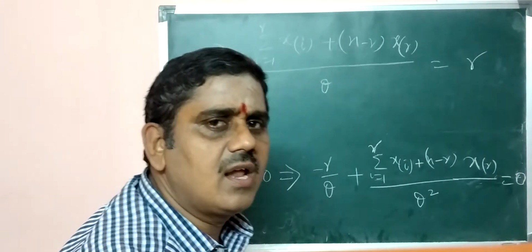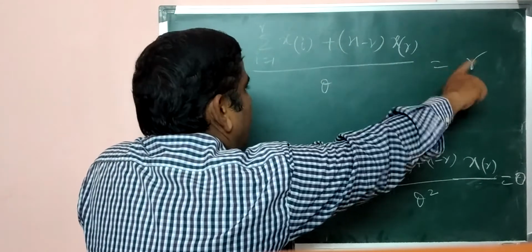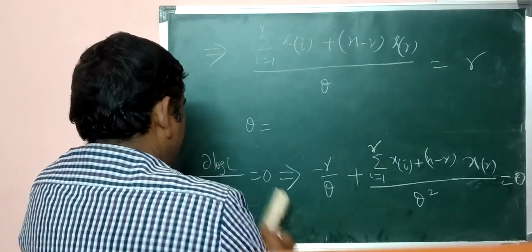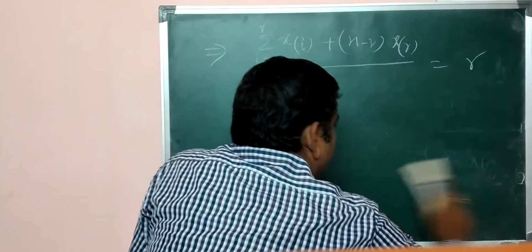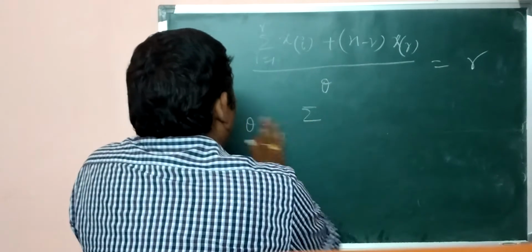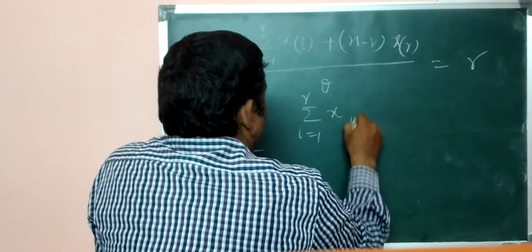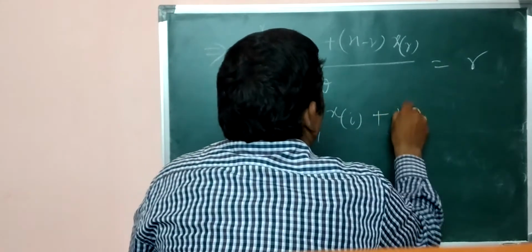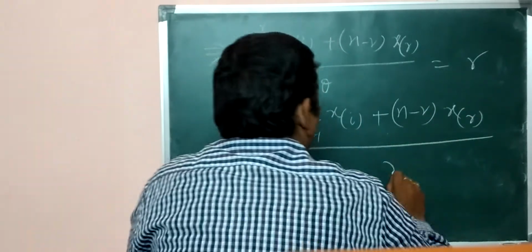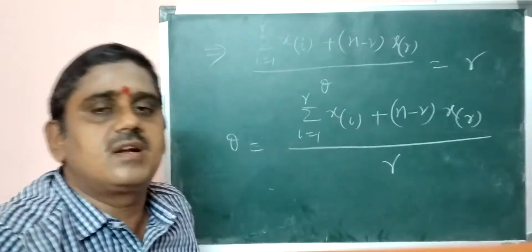What is required to calculate? Estimate theta. So I am taking theta on the right hand side, so that theta is equivalent to summation i equals 1 to r of xi plus (n minus r) into xr, divided by r. So this is the estimation of the parameter theta.